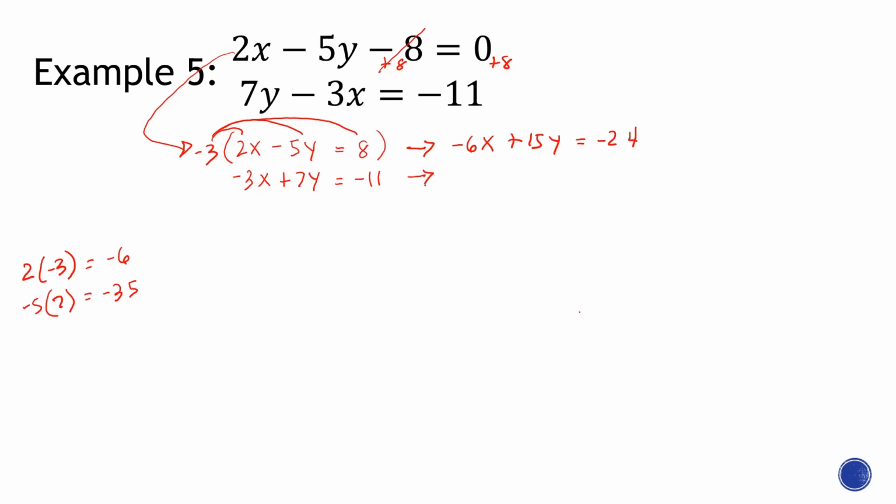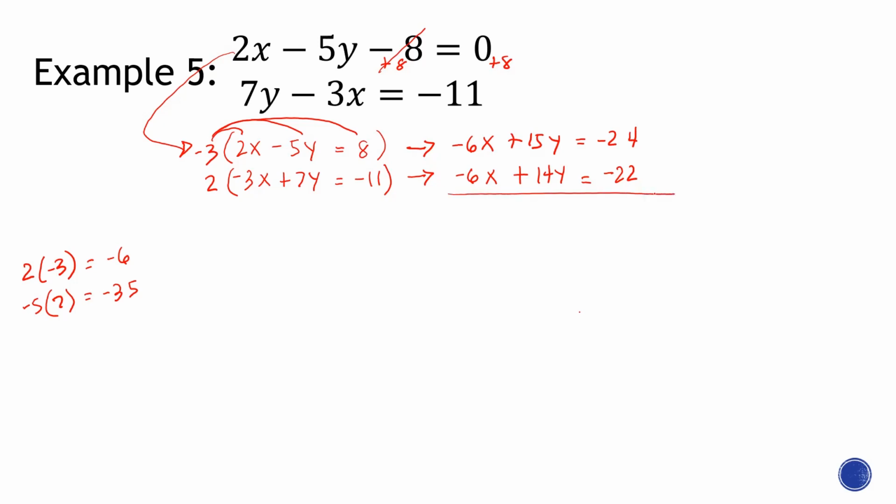Now the next equation, I'm going to multiply this by positive 2. So this will be equal to negative 6x plus 14y equals negative 22. Okay, 2 times negative 3 is negative 6. 2 times 7 is 14y. 2 times negative 11 is negative 22.